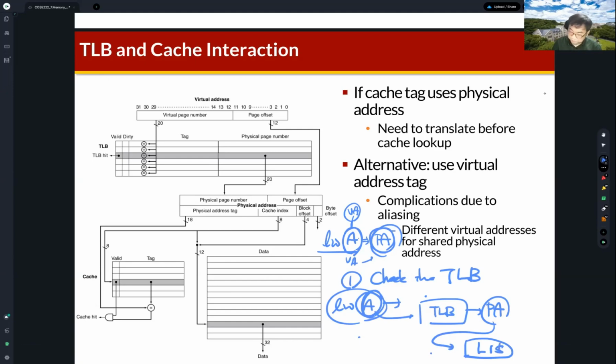Then using this physical address, we access the L1 cache. What's the problem? The problem is that the TLB is another memory structure, so it also has latency, which means we need to consume some cycles for accessing the TLB. Then after that, we can access the L1 cache.